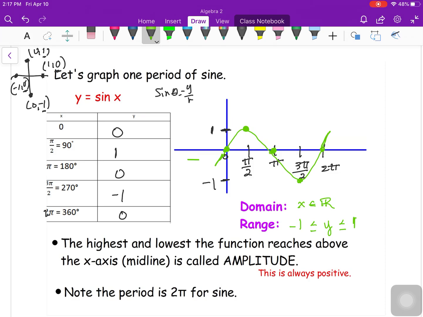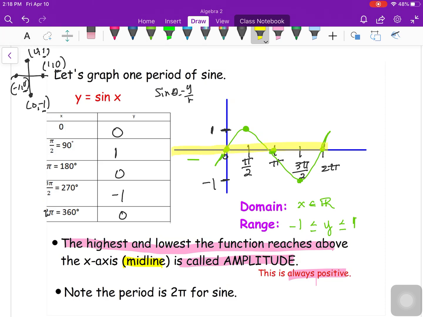Again, I told you on the last screen that amplitude was our A, our vertical stretch. So the highest and the lowest the function reaches is called the amplitude. And notice amplitude will always be positive. The midline is just what it sounds like, the line halfway between the highest and the lowest.